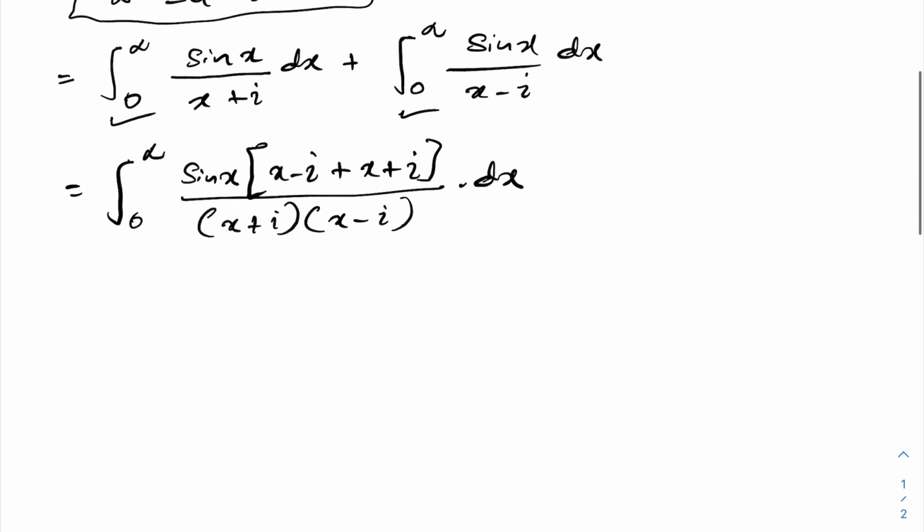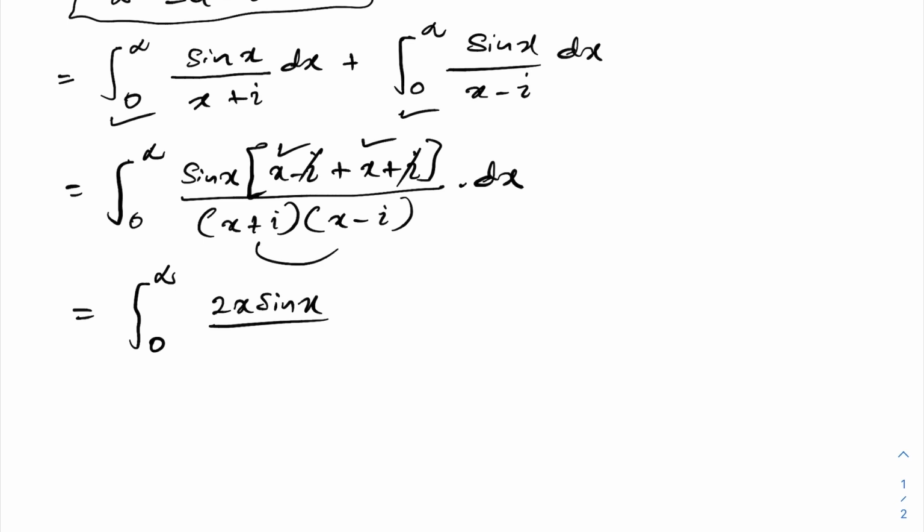Okay, we know minus i plus i gets cancelled. So we have the integral from 0 to infinity of x plus x, we know 2 times x sine of x over, now here we know a difference of squares, so x squared minus i squared dx.